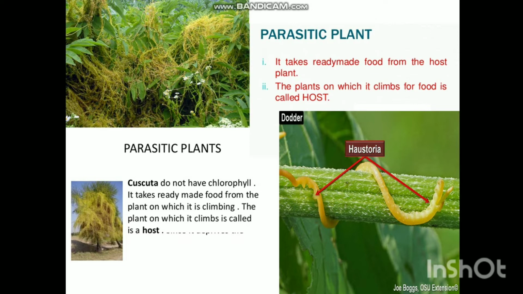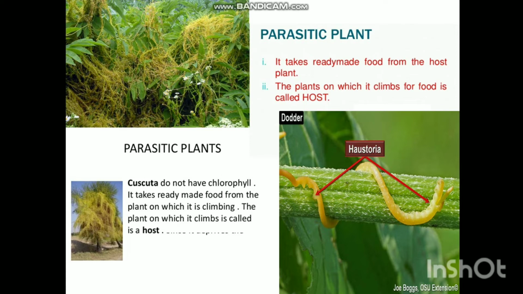A parasitic plant takes ready-made food from the host plant. Here, what does host plant mean? The plant on which the parasitic plant climbs for food is called the host plant. The best example of a parasitic plant is Cuscuta.